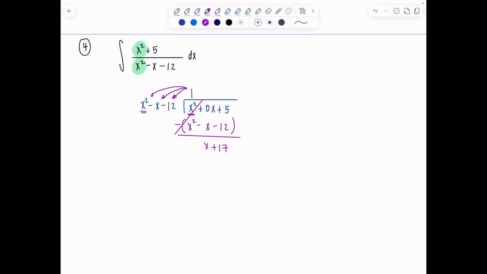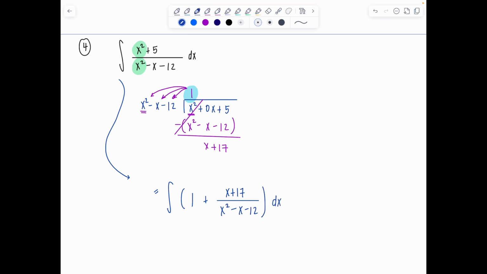That's all my remainder, right? This is degree 1. This is degree 2, so we're done. We're done dividing. So now we have integral of the quotient, which is just 1, plus x plus 17 over the divisor x squared minus x minus 12 dx.